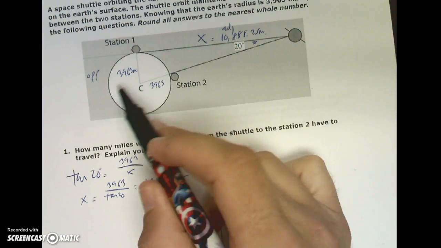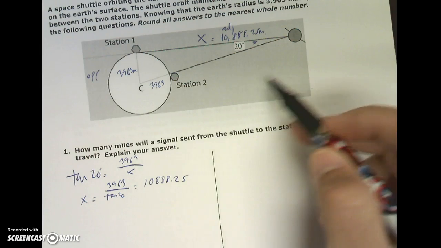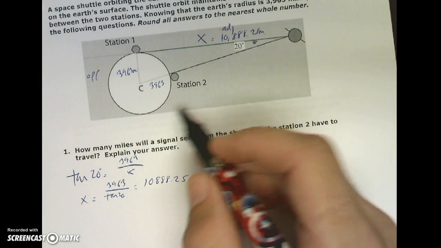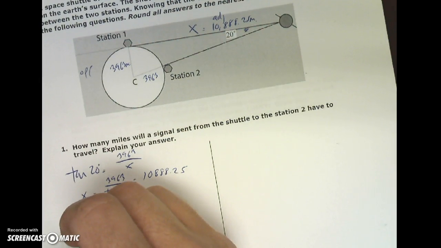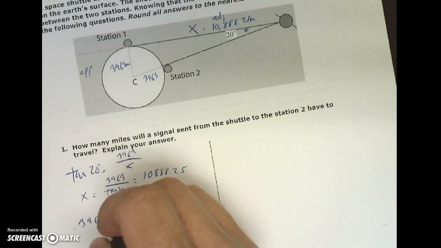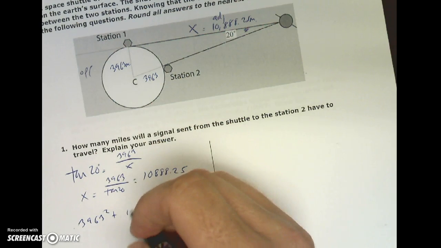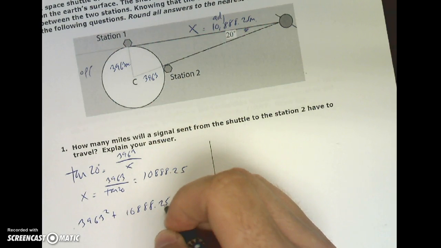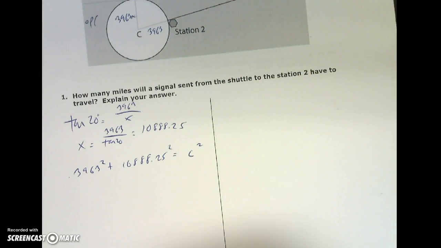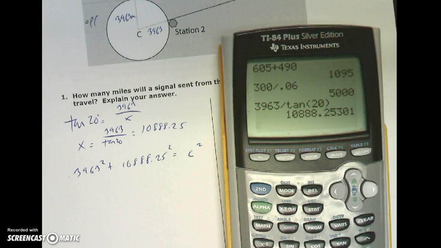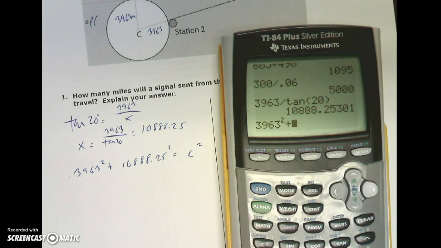Now I'm going to use Pythagorean theorem. A squared plus b squared equals c squared. Now please note that c squared is going to be the entire thing. I'm going to get to this little piece in a minute. So down here, 3,963 squared plus 10,888.25 squared equals c squared. Okay, I know it's going to be a big number. We're using calculator all the way here. 3,963 squared plus 10,888.25 squared.